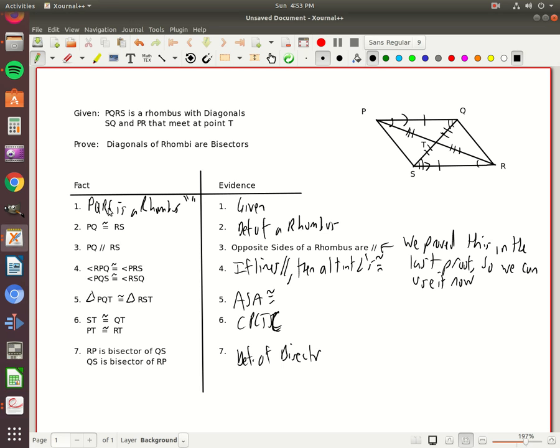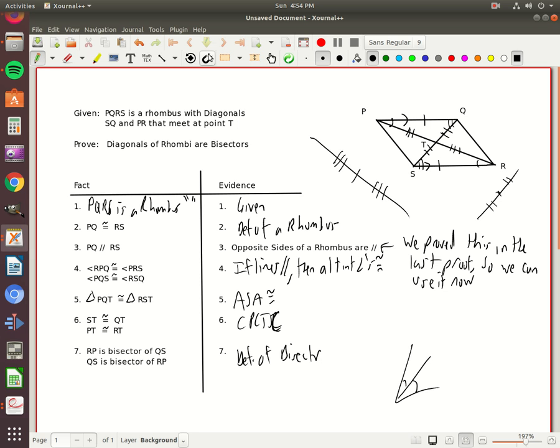Looking here, I can bisect an angle and get two half angles, but that's not what happened here. What happened here is I bisected this side, and I said that their halves are the same, and I bisected this side, and I said that these halves are the same. So that's what happened there.